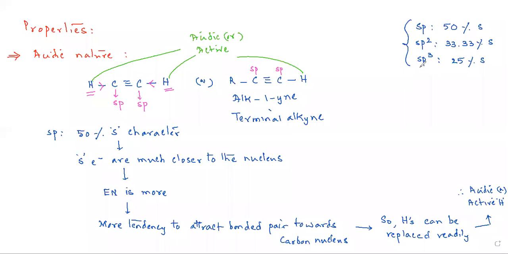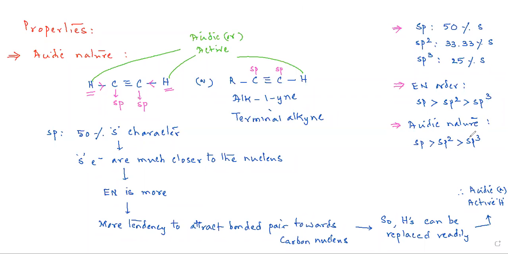So in general, if we observe, the electronegativity order follows this particular order: sp, sp2, sp3, and the acidic nature order is again sp, sp2, sp3, because the greater the electronegativity, the greater is the tendency to attract the bonded pair.